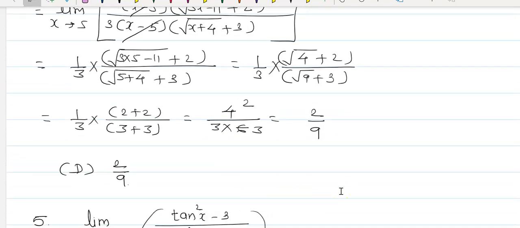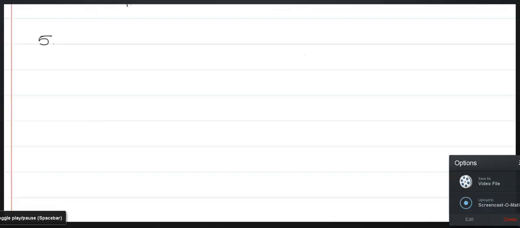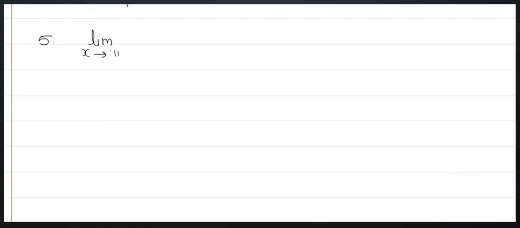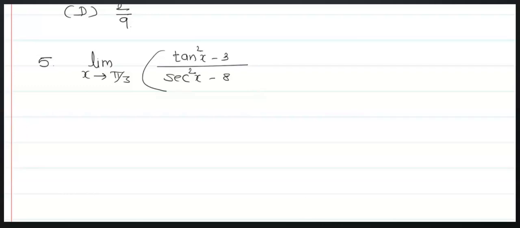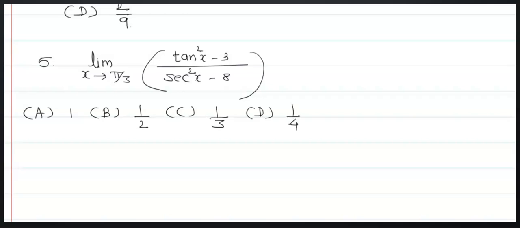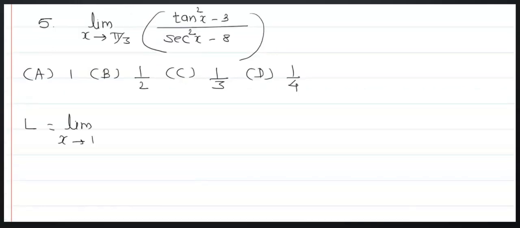Hence option D is the correct one. Now next, the problem number 5. Limit x tends to pi by 3, tan square x minus 3 upon sec square x minus 8. A is 1, B is 1 upon 2, C is 1 upon 3, D is 1 upon 4.